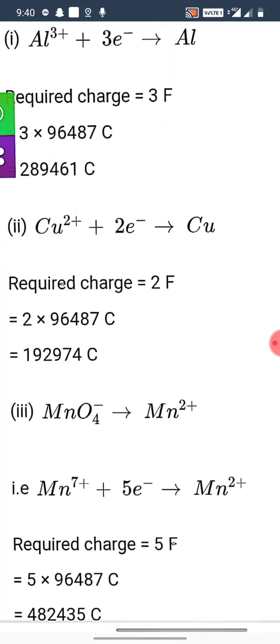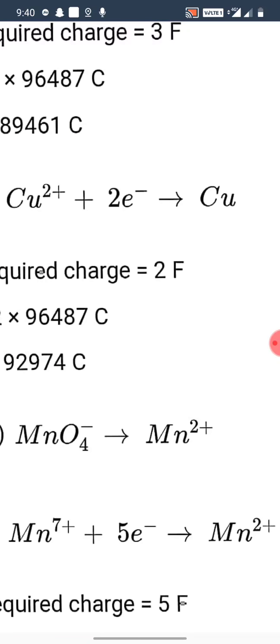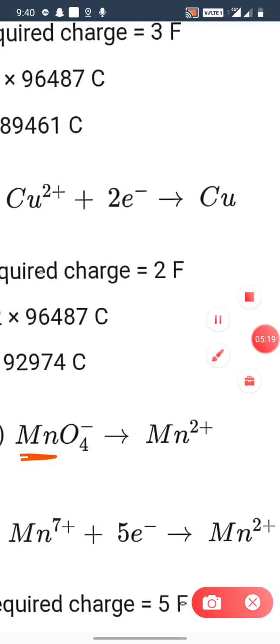So moving on to the third part. The third part is converting MnO4- to Mn2+. So first of all, what you need to do is find out the oxidation state of this Mn, which is very common because you have done this in your previous class, class 11.